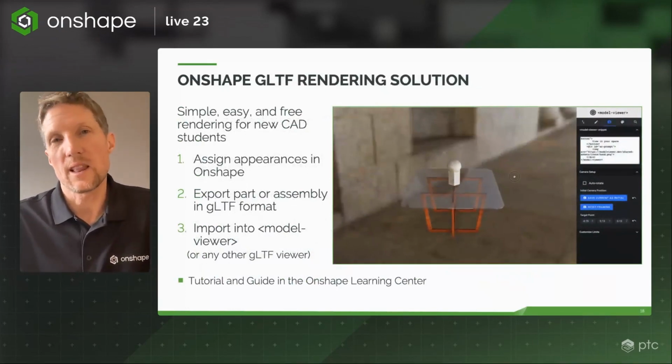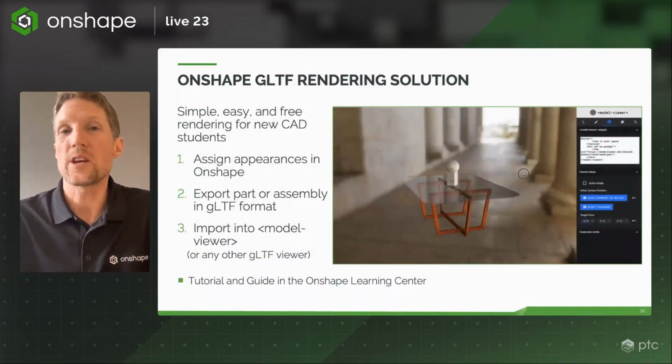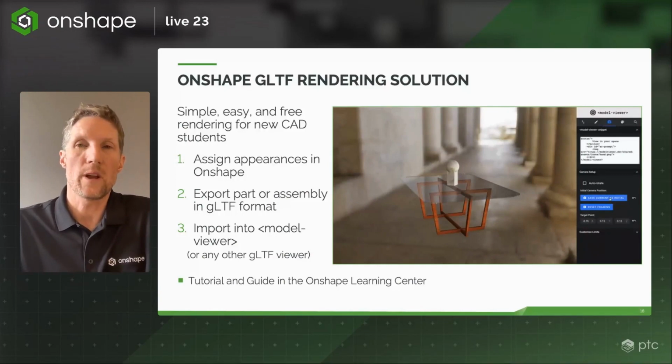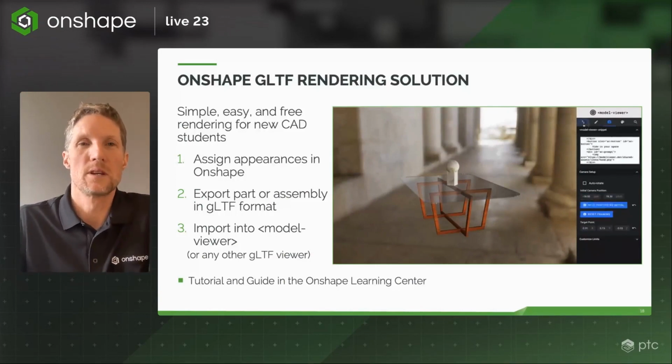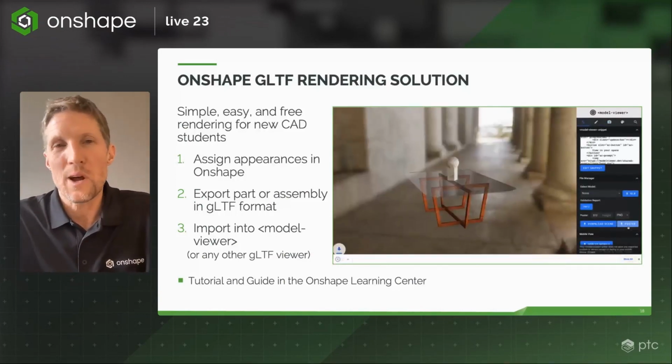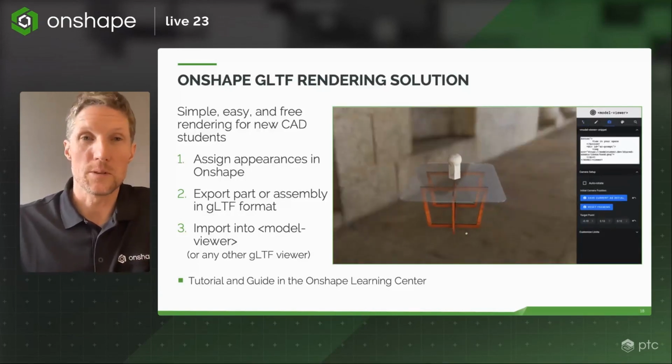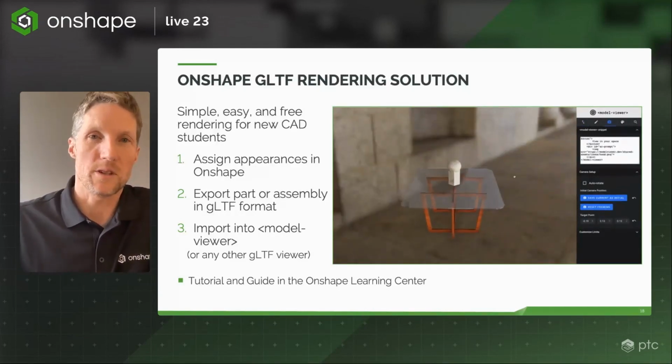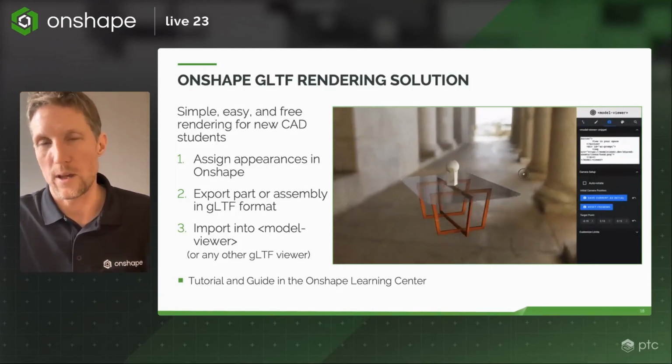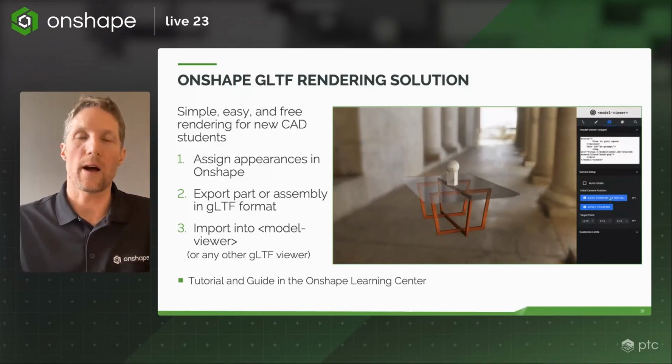Last year, we also received lots of requests from educators looking for simple rendering tools to use with their students. So we did some agile product development and came up with a simple solution that allows any Onshape user to export their part or assembly as a GLTF formatted file.